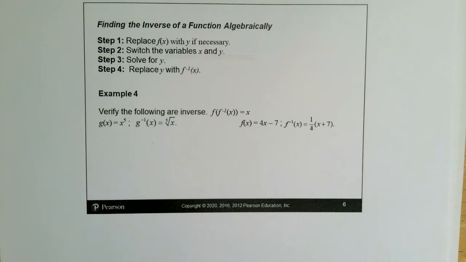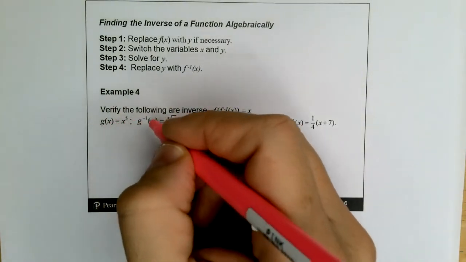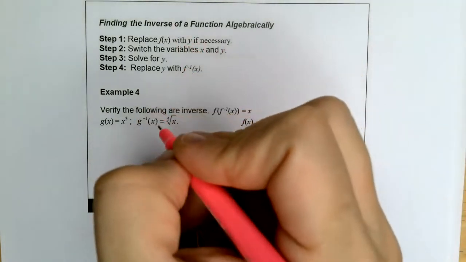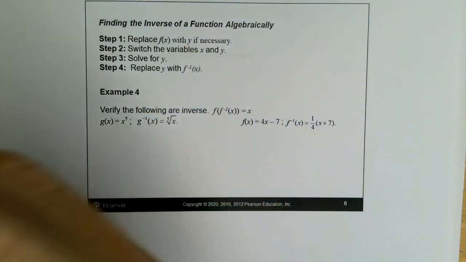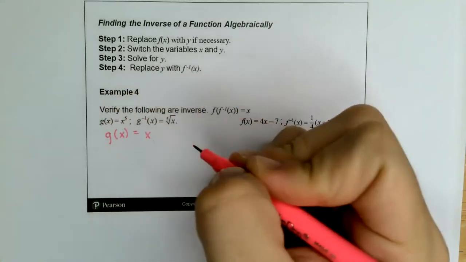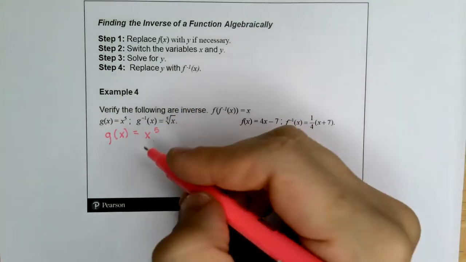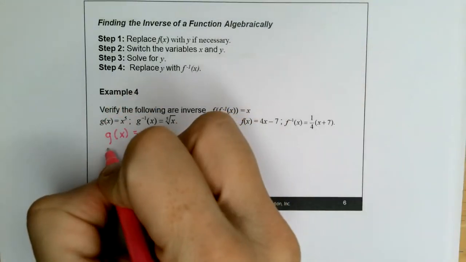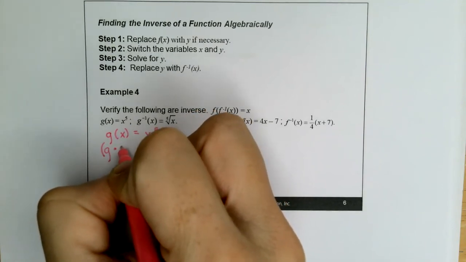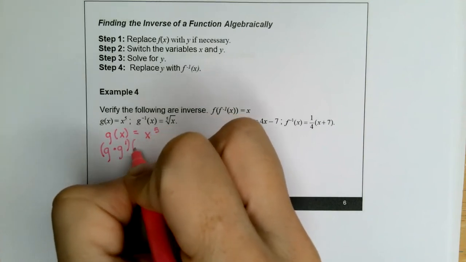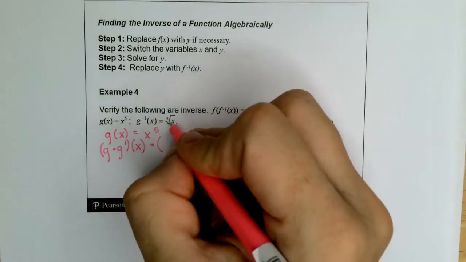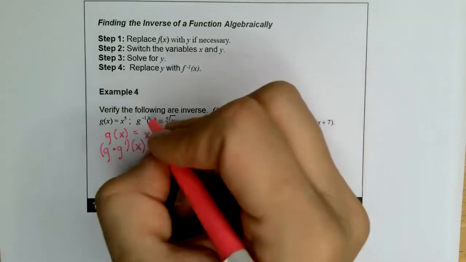So let's look at g of x and the inverse of g of x, okay? So g of x is x to the 5th, and the composition of g of the inverse of g of x is, instead of x to the 5th, I put in that inverse in place of x.